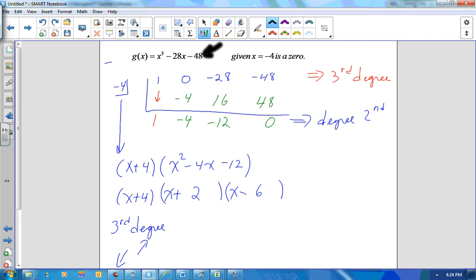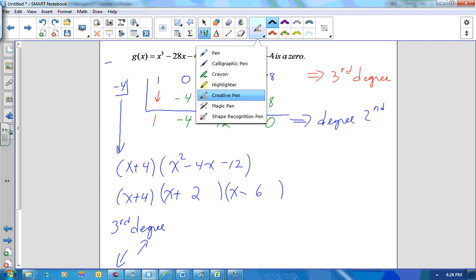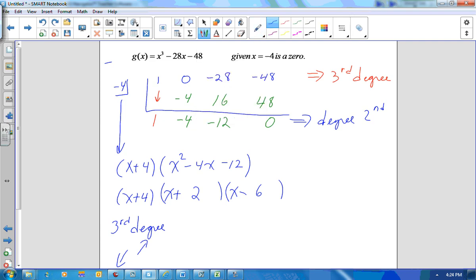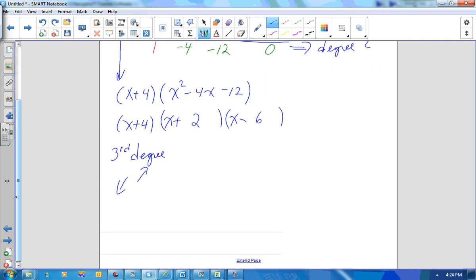That's my constant term, so my y-intercept is -48. So my y-intercept is 0, -48. And my zeros of g of x are x equals -4, x equals -2, and x equals 6. And they're all multiplicity 1.